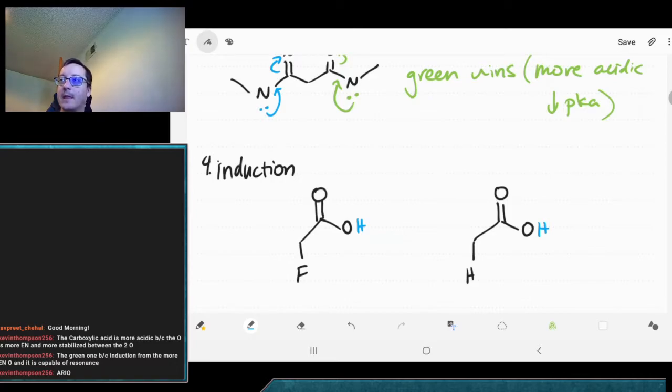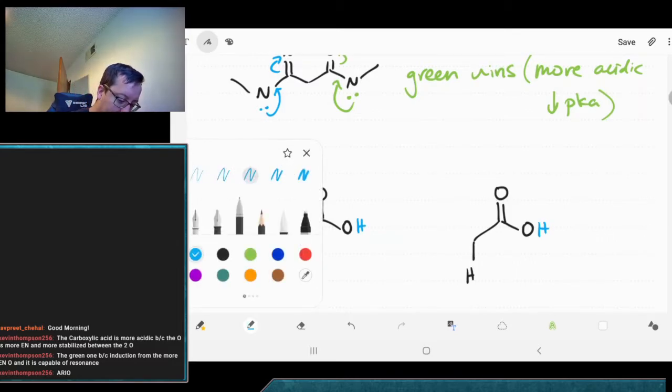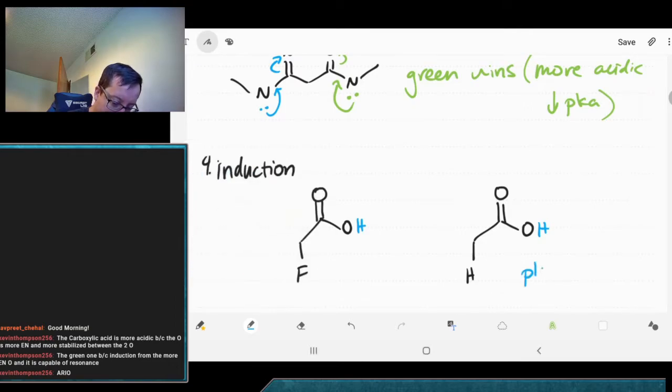So if we look at these, the difference between fluorine and hydrogen, of course, is a very large difference in electronegativity. Let's look up some numbers here. So we already know that the pKa of this carboxylic acid is around 5. I think for acetic acid it's 4.75, but around 5 is fine. Let's look at the pKa of fluoroacetic acid.